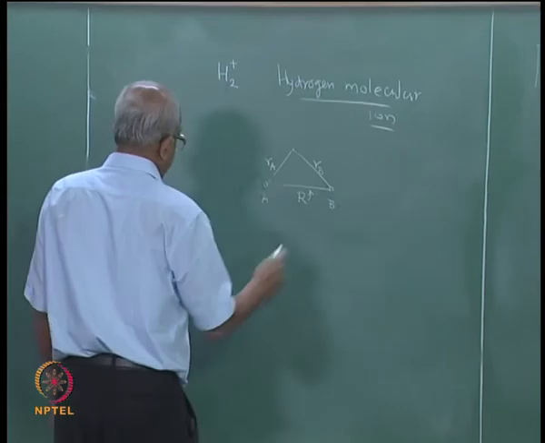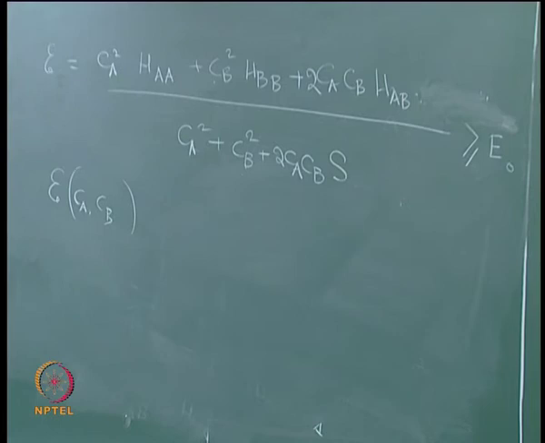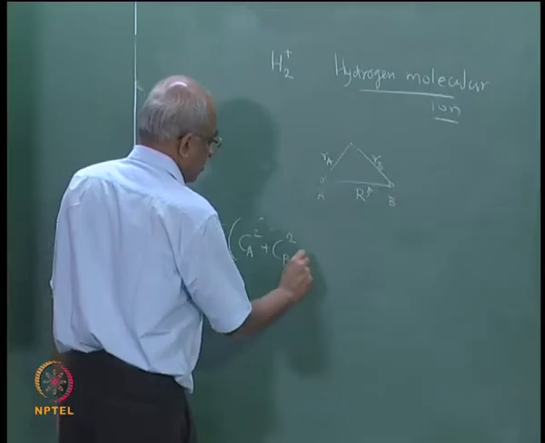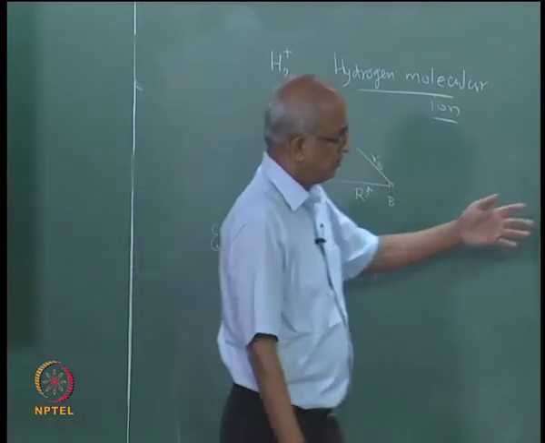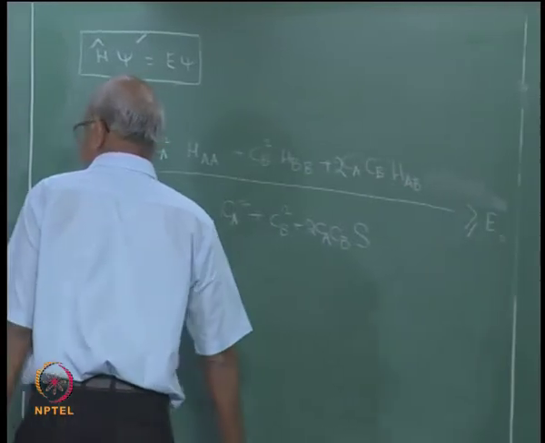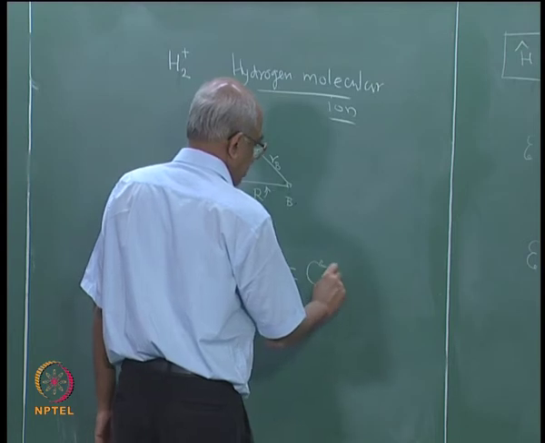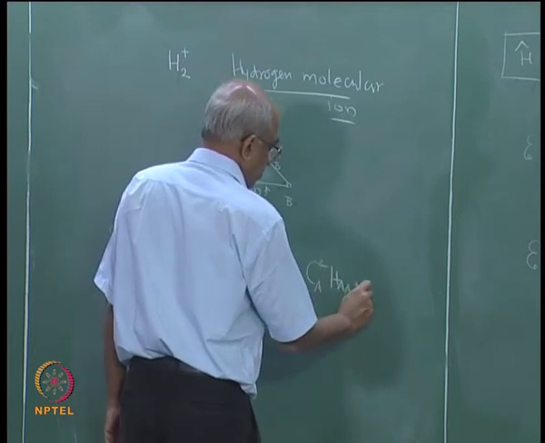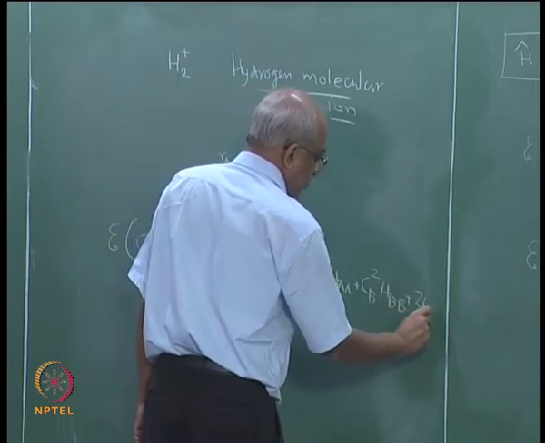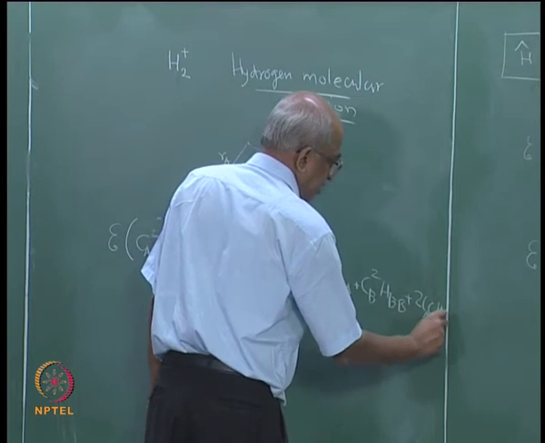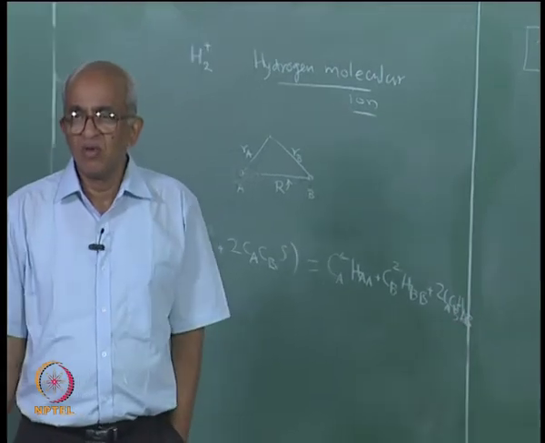I am going to write that equation as script E into Ca squared plus Cb squared plus 2 Ca Cb S, I am just multiplying throughout by this factor, is equal to Ca squared H_AA plus Cb squared H_BB plus 2 Ca Cb H_AB. That is what the right hand side is, okay.